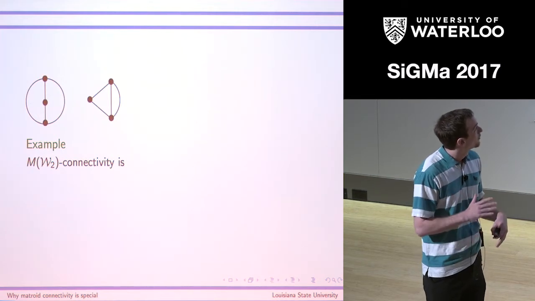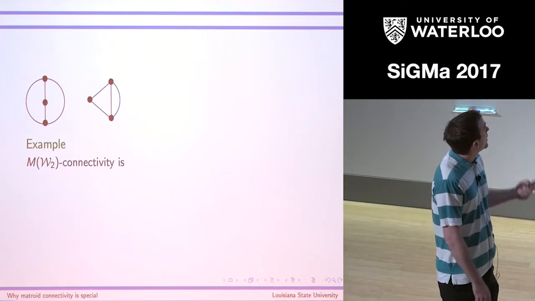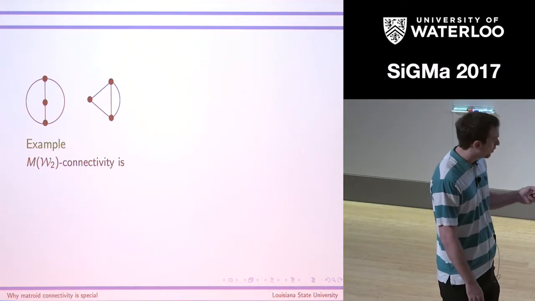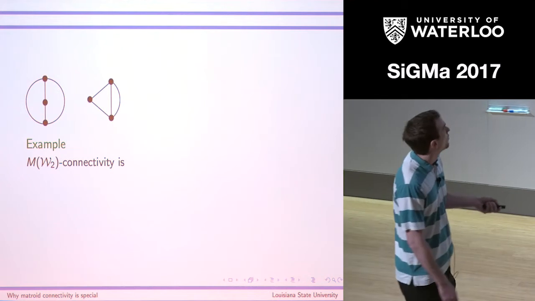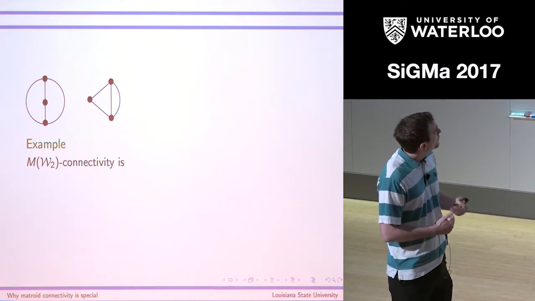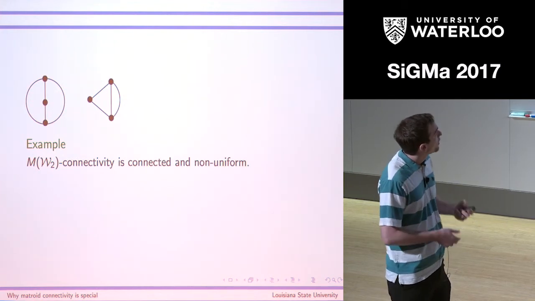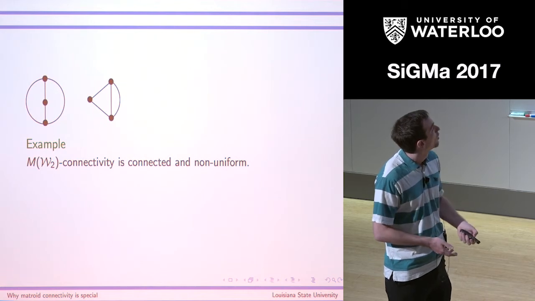So I'm going to interrupt this and give you another example. MW2, the two-wheel, James calls this one the forgotten wheel. You can characterize MW2 connectivity by saying that the matroid is connected and non-uniform.